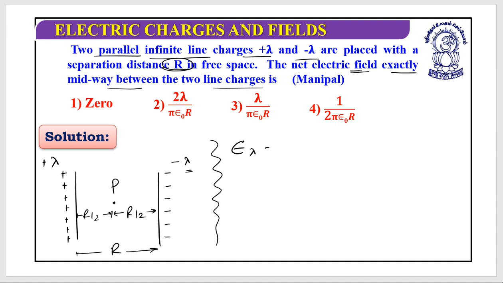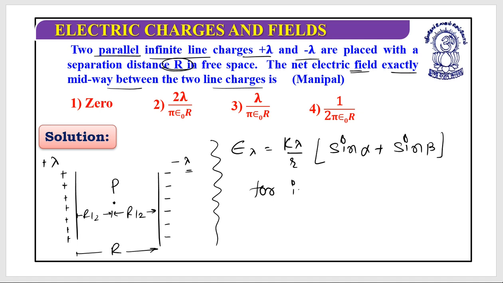So the electric field due to positive lambda, and this is an infinite line charge, what would be its value? Did you remember? Yes, it is k lambda by r, r is the distance, into bracket sine alpha plus sine beta.